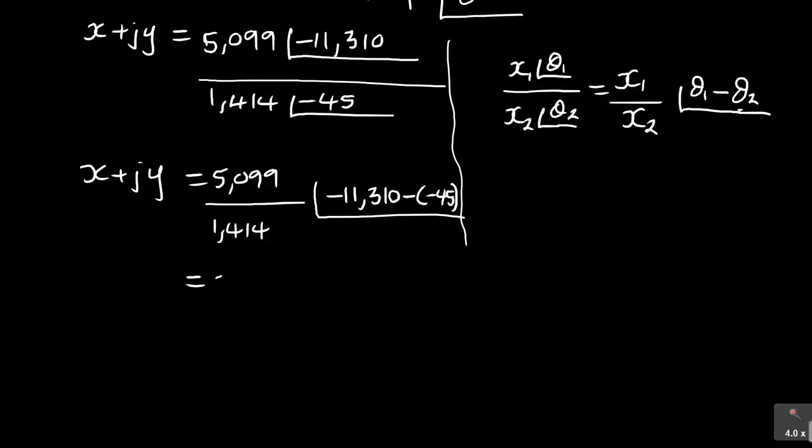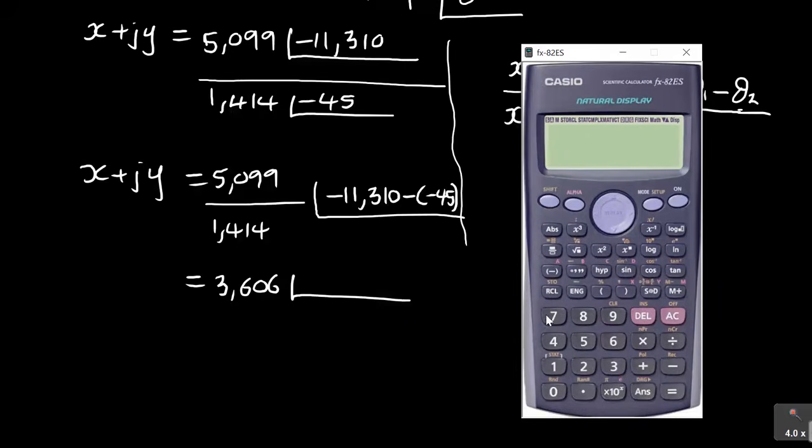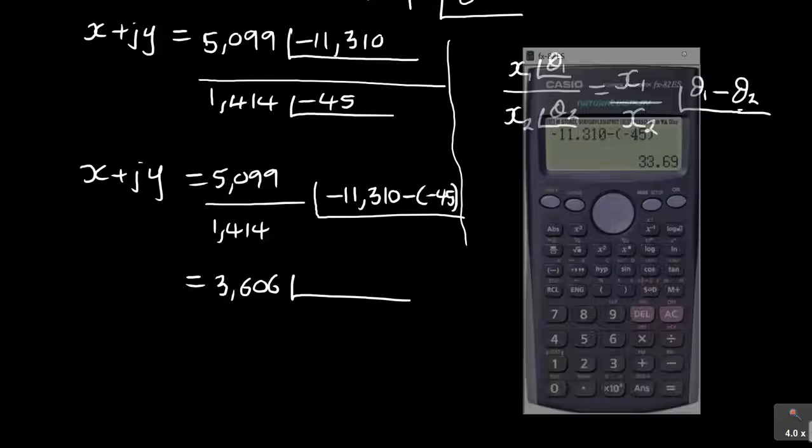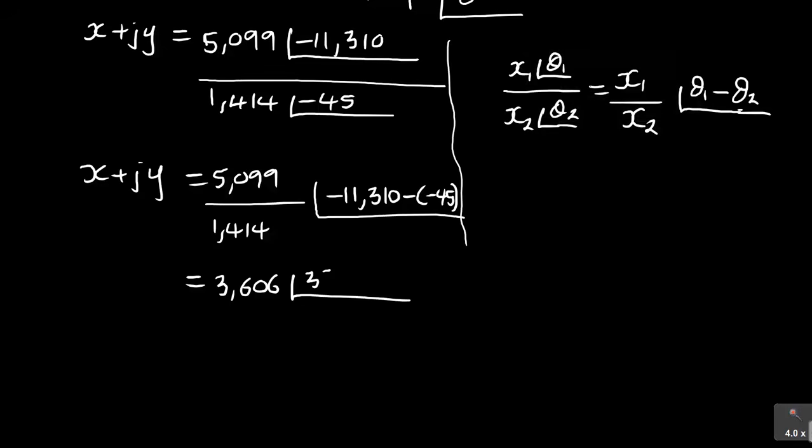So I've got 3,606, and then I've got here minus 11,310 minus 45, and see what it gives me. It gives me 33,69. Remember, these are angles. This is an angle which is degrees in this case.